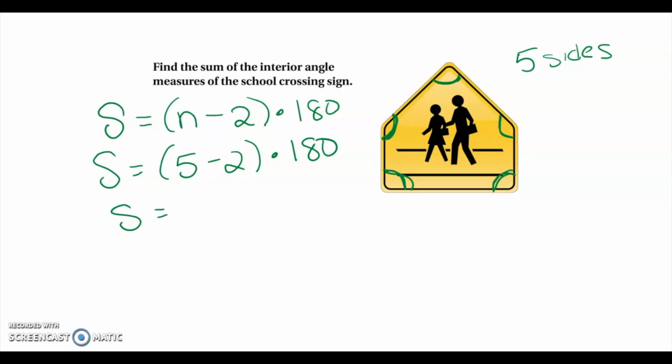That becomes 3, since 5 minus 2 is 3, times 180. And so our sum is 540 degrees. The interior angles in a 5-sided shape add up to 540 degrees.